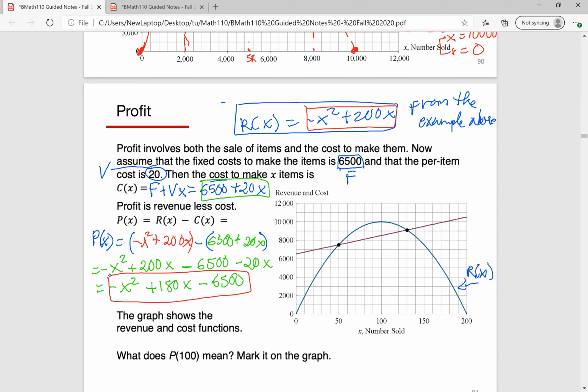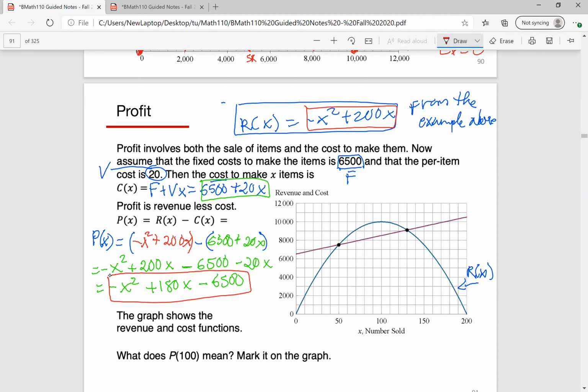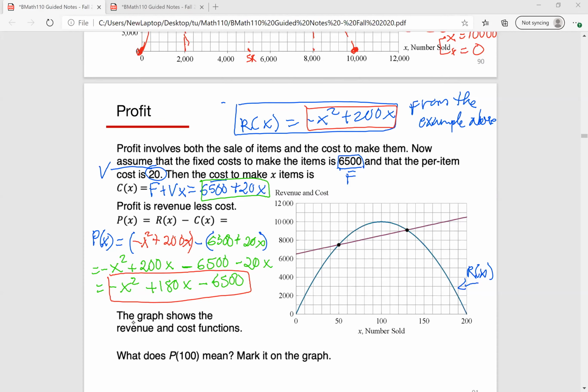So let me say the graph shows the revenue and cost function.